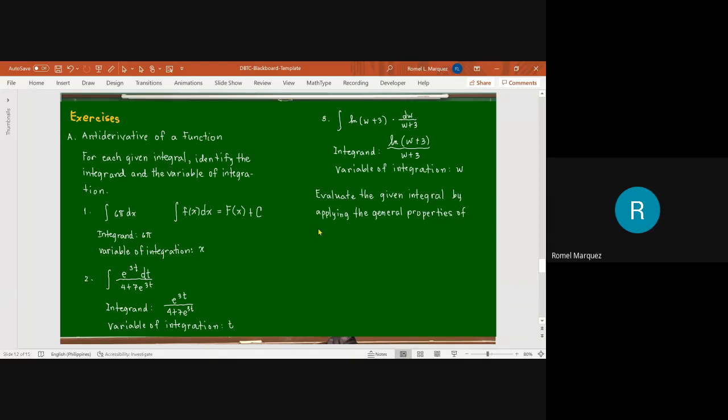The answers to indefinite integrals are functions, a collection actually of functions, by making a wise guess. Okay? So again, a wise guess.